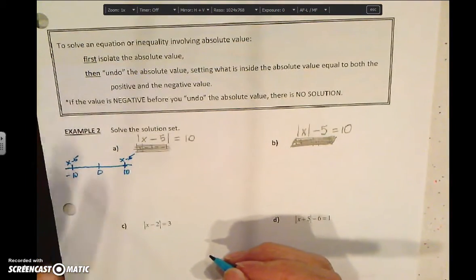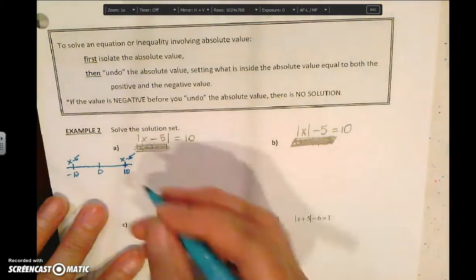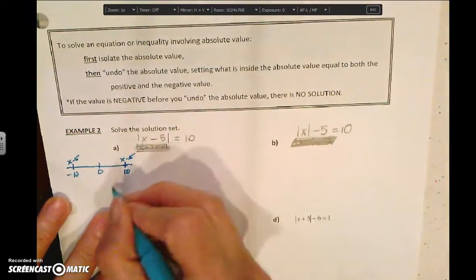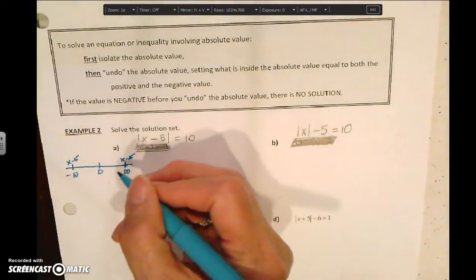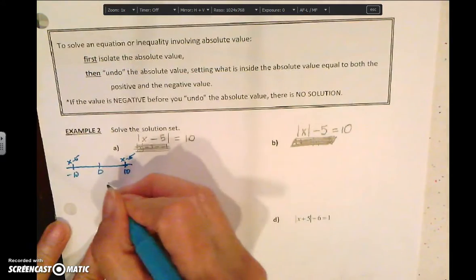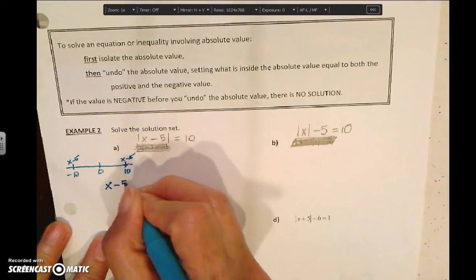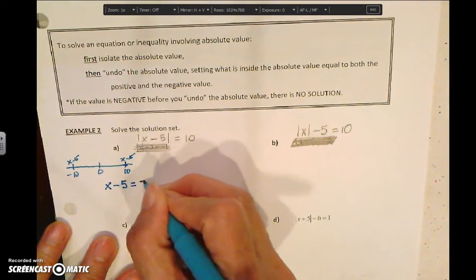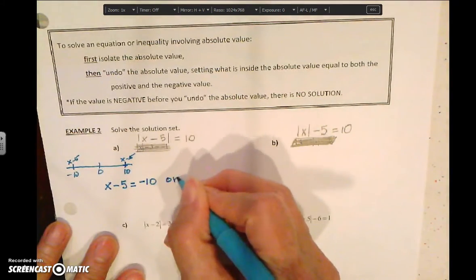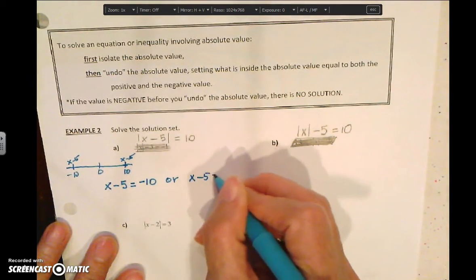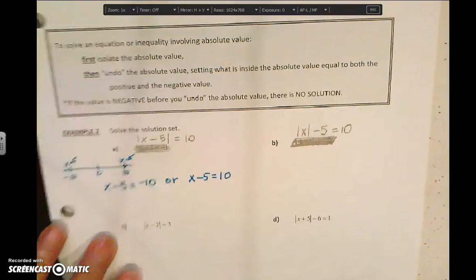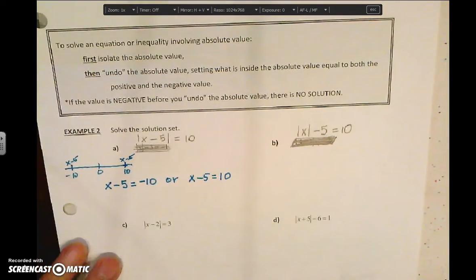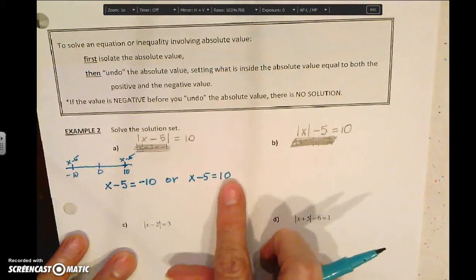What we're going to write, you don't have to show the number line every time, is that whatever's inside, and that's what is meant by undoing it, I'm going to take the inside, x minus 5, and say either it has to be -10 or x minus 5 has to be +10. So I'm going to undo it to get my two answers, -10 and +10.